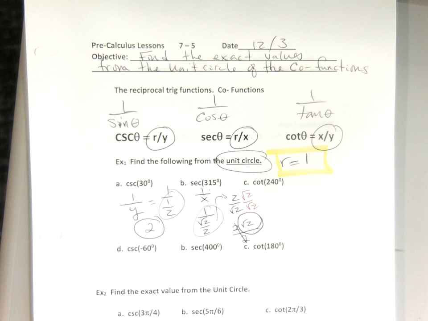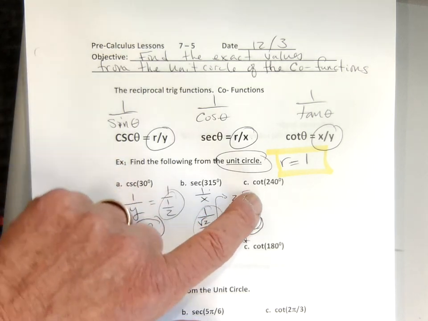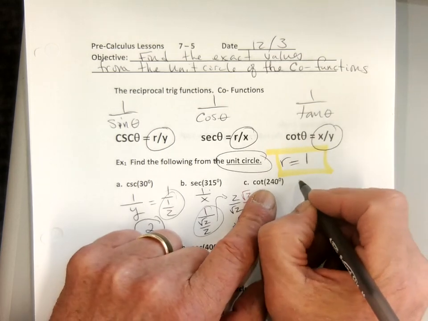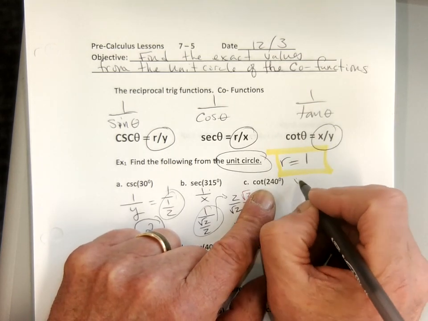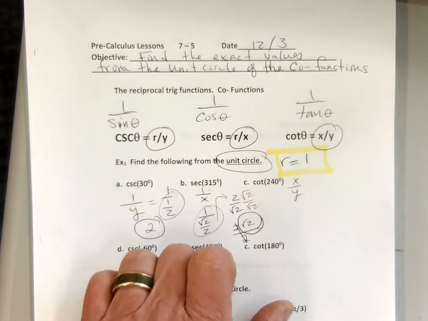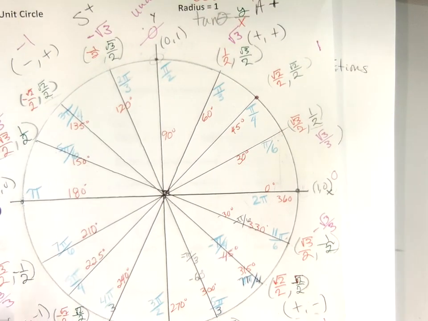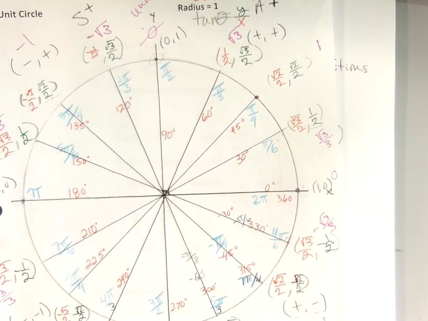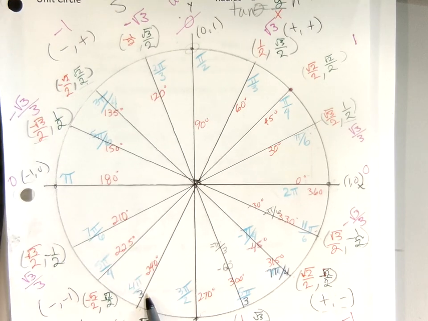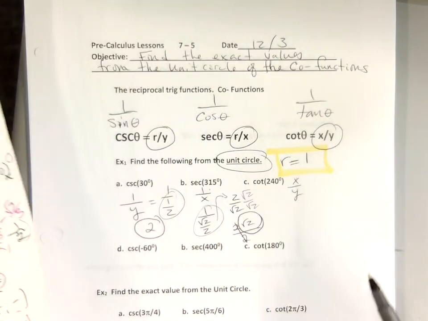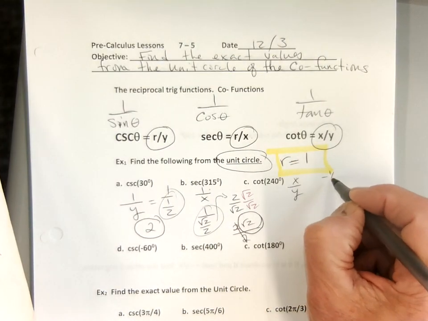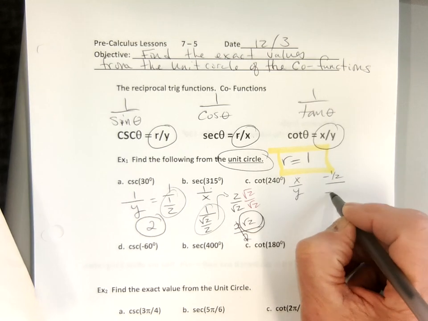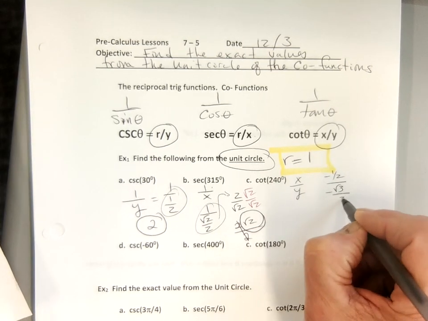All right. Now, cotangent. So cotangent is going to be my x over my y. I'm going to go to 240. 240 is here, and it's the x over the y, so it's a negative 1/2 over a negative square root of 3 over 2.